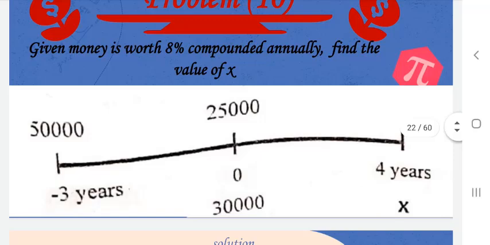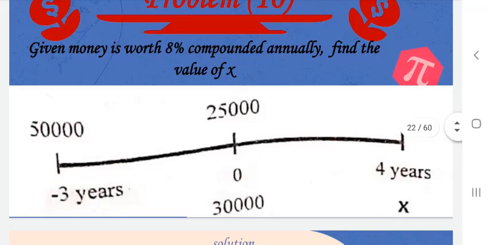J equal 8% and compounded annually, so I will be equal 8%. M will be equal 1. N for $50,000 will be equal the time 3 plus 4 equals 7 years, so N equals 7.